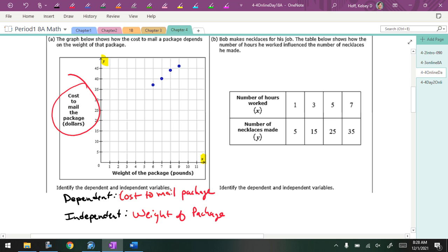Bob makes necklaces for his job. The table below shows how the number of hours he worked influences the number of necklaces he made. And here's our table. Identify the dependent and the independent variables.